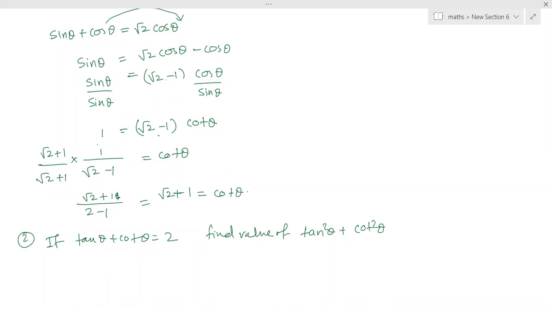Ma'am, we take tan theta plus cot theta whole square equal to 4. Yes, right. And then use the identity, a plus b whole square.